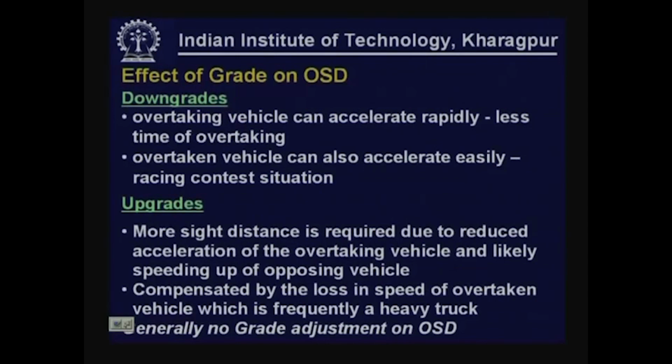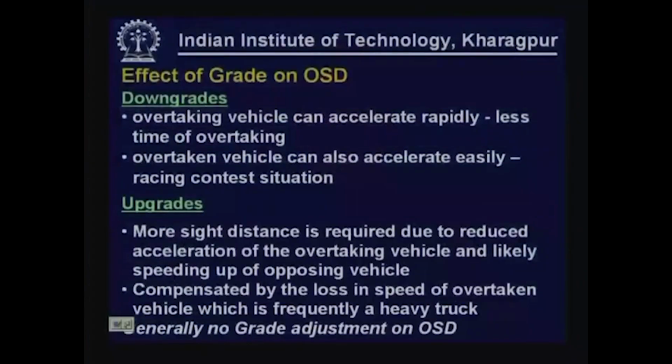Now, is there any effect of grade on the required overtaking sight distance? We have explored the same issue when we discussed the stopping sight distance. Let us see what happens when the vehicle is on downgrades. Here, the overtaking vehicle can accelerate rapidly because of the grade.